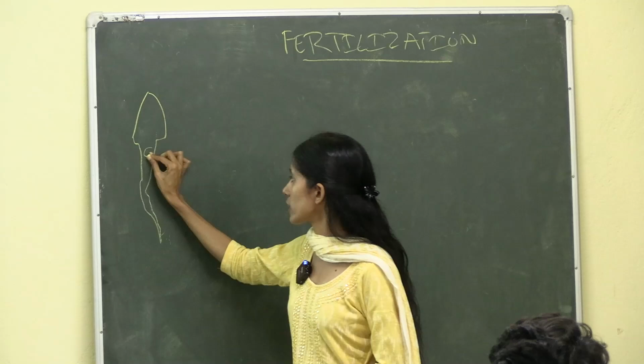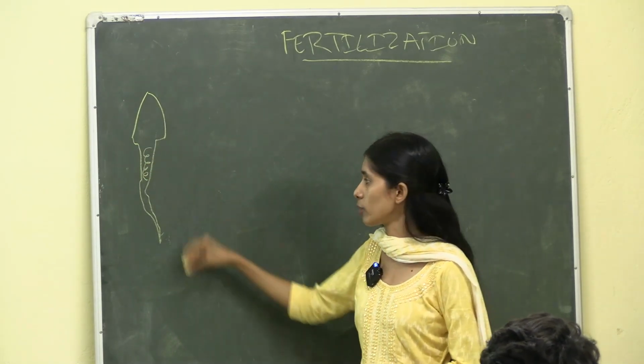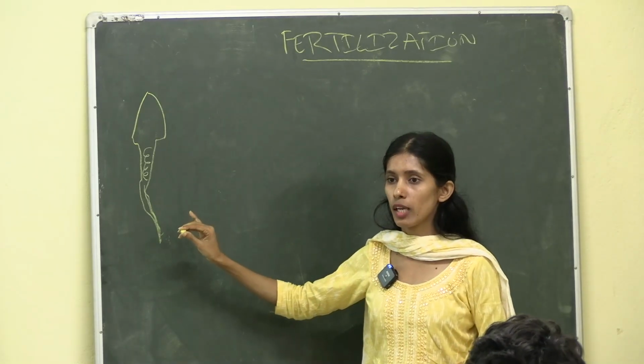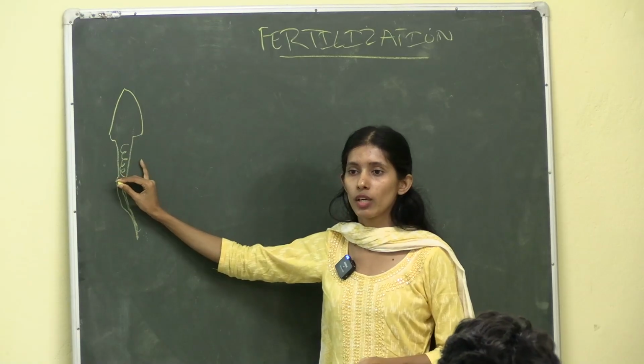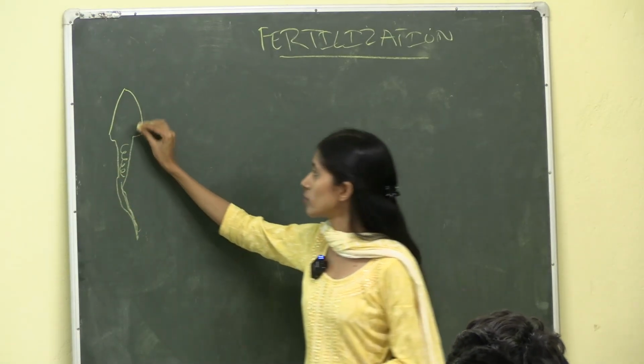In the middle piece we can see spiral mitochondria, and in the remaining part we can see the axial filament. The axial filament helps in the movement of the sperm, and the mitochondria provide the required energy for that movement.